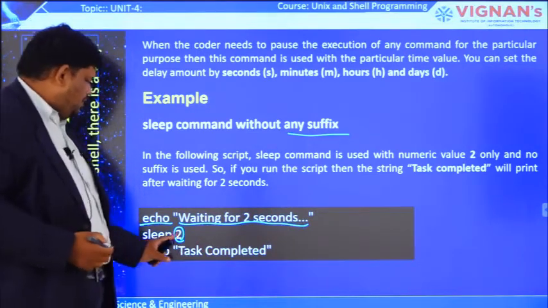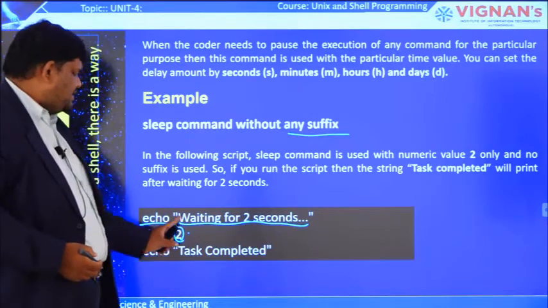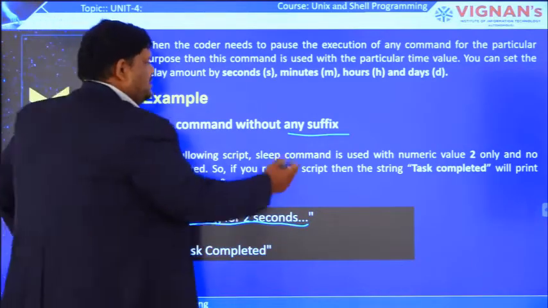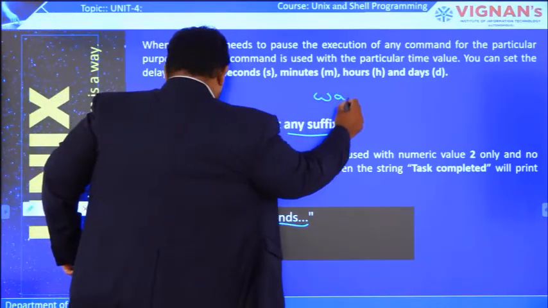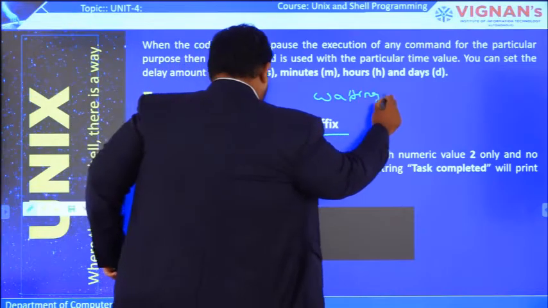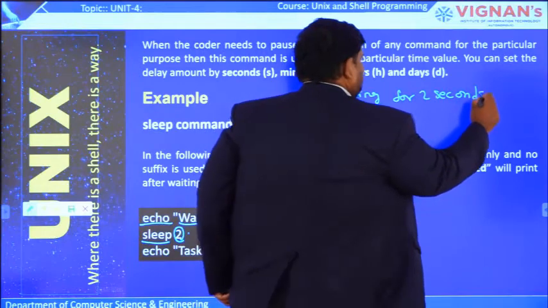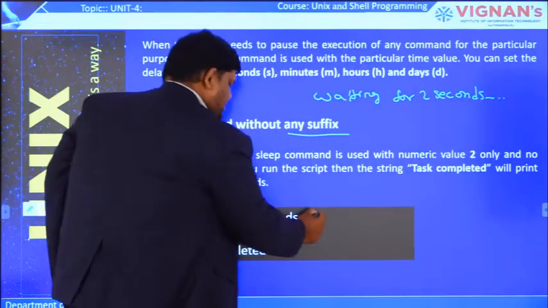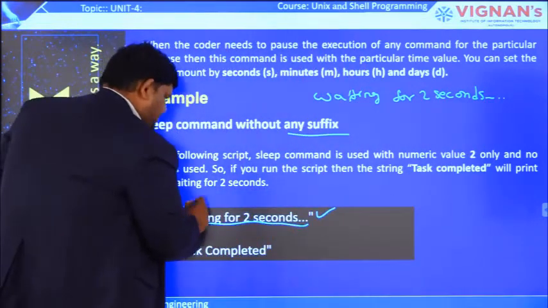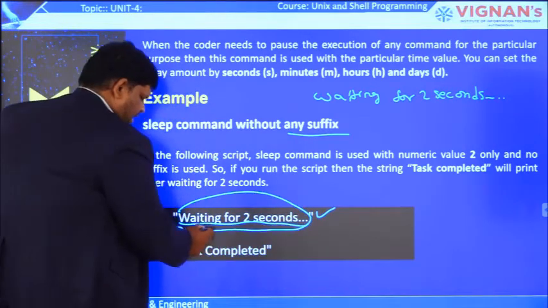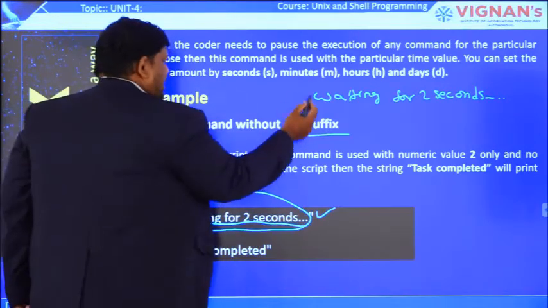The output is: the first statement is echo, so it will print waiting for 2 seconds. Within double quotation marks, this entire argument will print as it is.